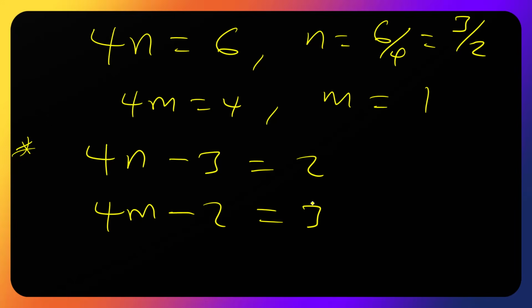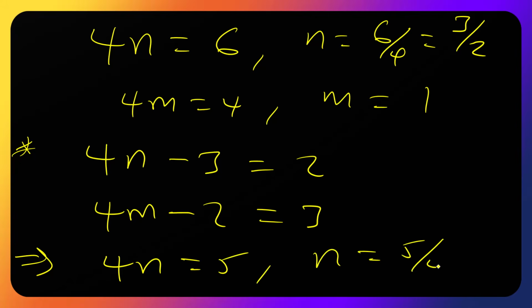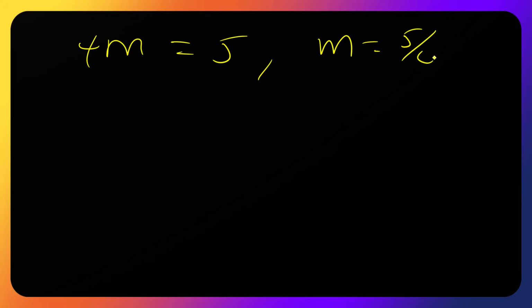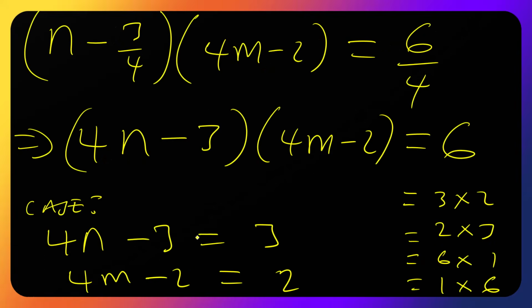So the first one will be 4n equals 5. So that will be n equals to 5 on 4. And this side coming here will be 4m equals 5. So my m is the same as 5 on 4. Okay, so we are done with this.